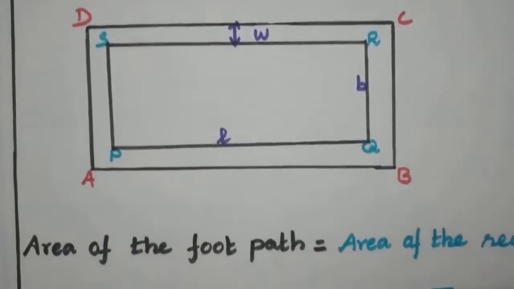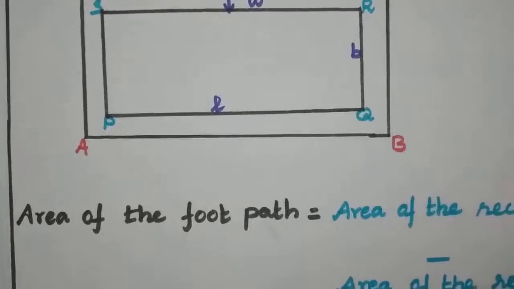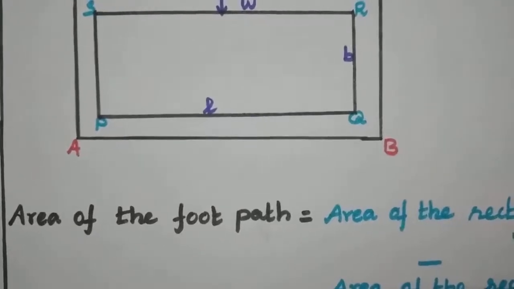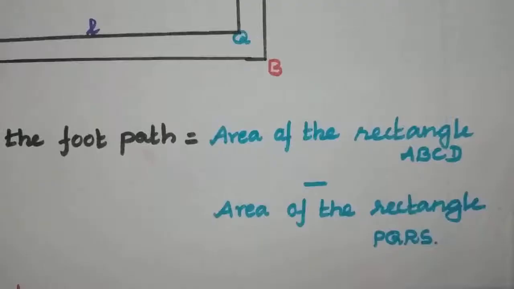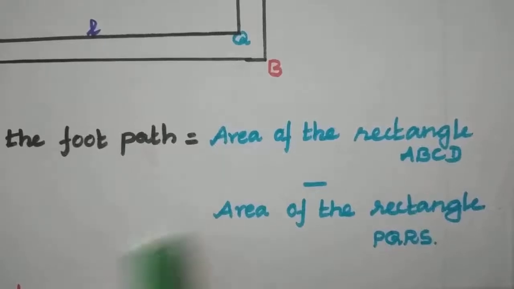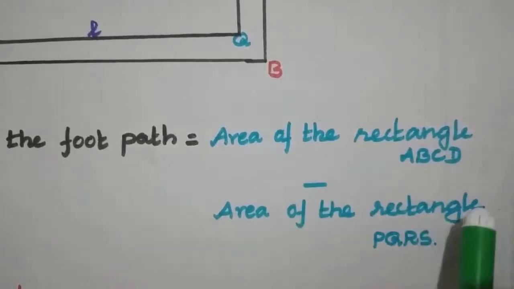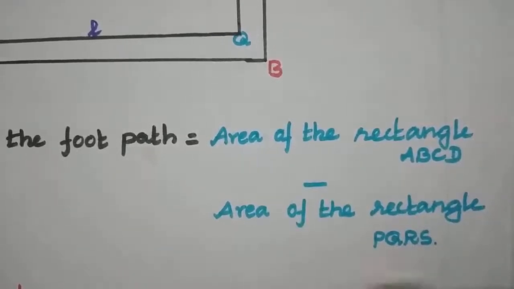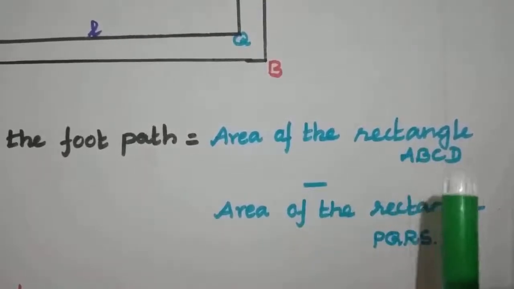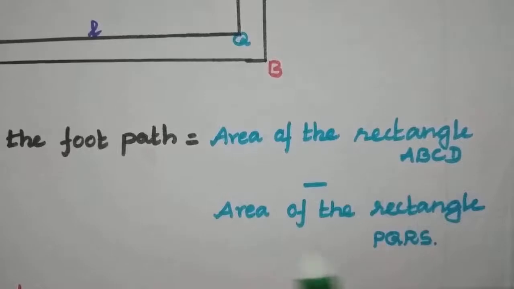So the area of the footpath is calculated by using the formula: area of the rectangle ABCD minus area of the rectangle PQRS, that is, area of the bigger rectangle minus the area of the smaller one.